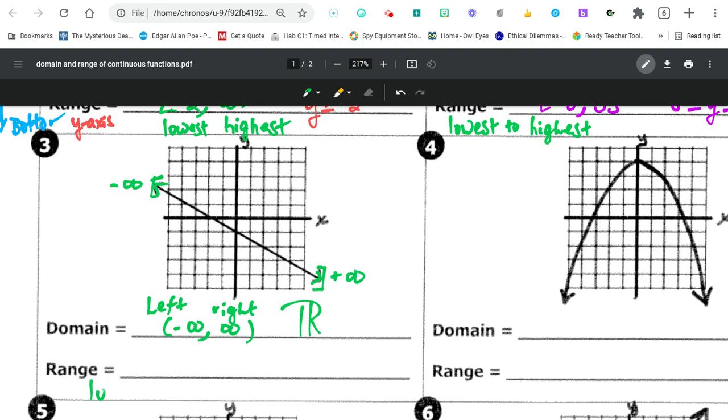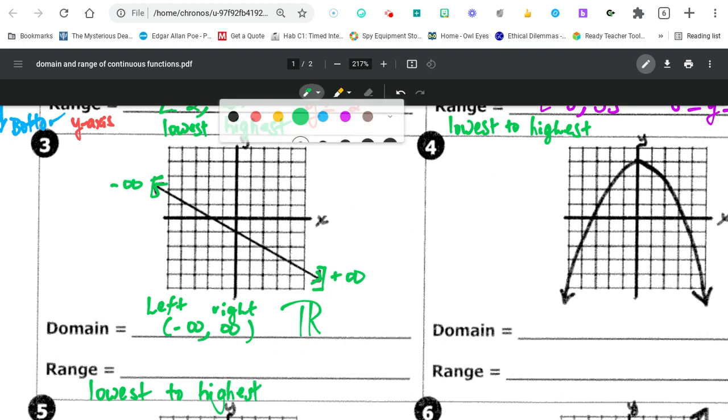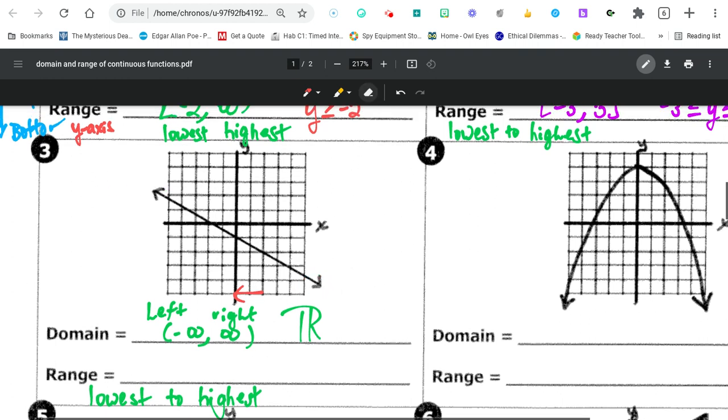Now let's do lowest to highest. What is the lowest point on this graph? Well, it looks like this is the lowest point right here. But it has an arrow on it, guys, which means it continues to go down.